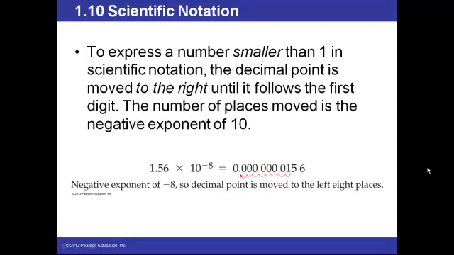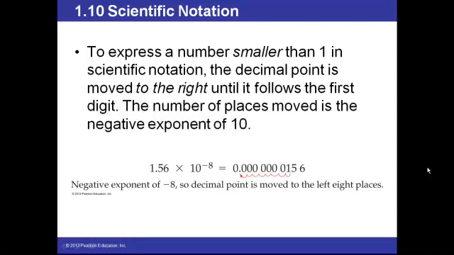Only the significant numbers are going to be used in your calculation or in your designation. So again, if we start with this number, you're going to see that we have to move the decimal place to the right to put this number into scientific notation. Once we have it written in scientific notation, if we put it back into standard notation, we have to move the decimal place to the left because this is a negative exponent.